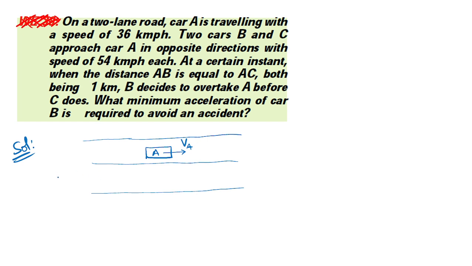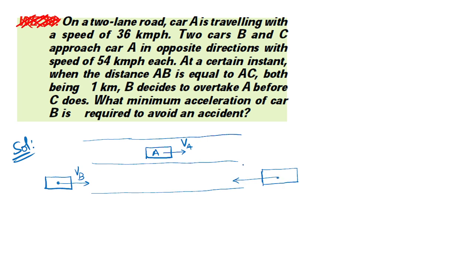Two cars are actually approaching it. One car is here, which is car B I am taking. Another car is C. B and C are opposite.